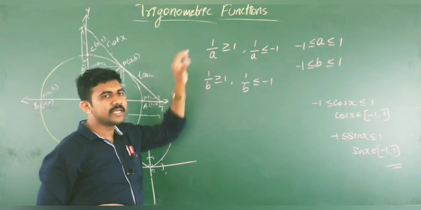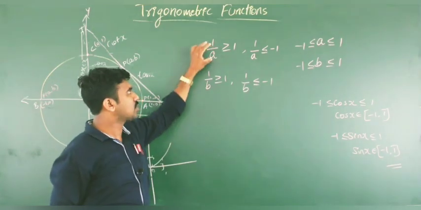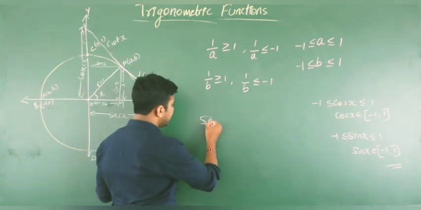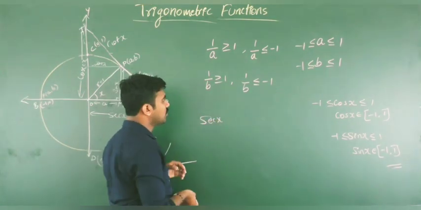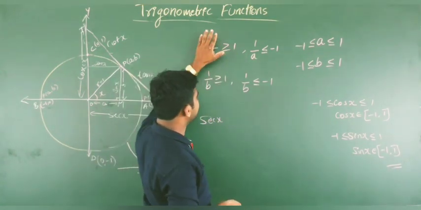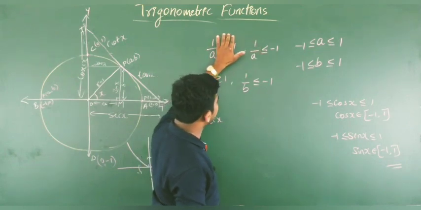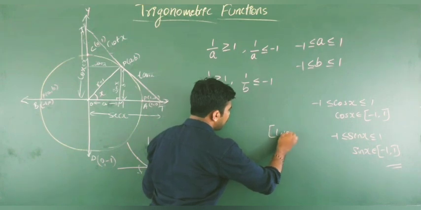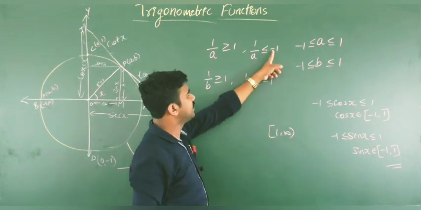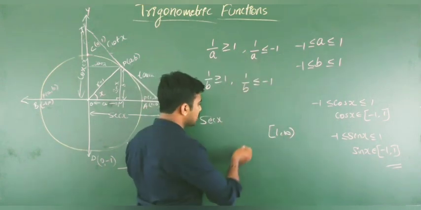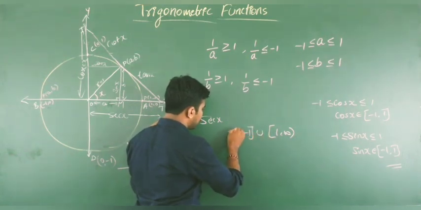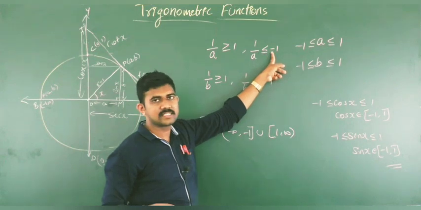But you know 1 by a is nothing but the reciprocal of cos x, which is secant x. So secant x is greater than or equal to 1, meaning 1 to infinity including 1, and less than or equal to minus 1, meaning from minus 1 decreasing.